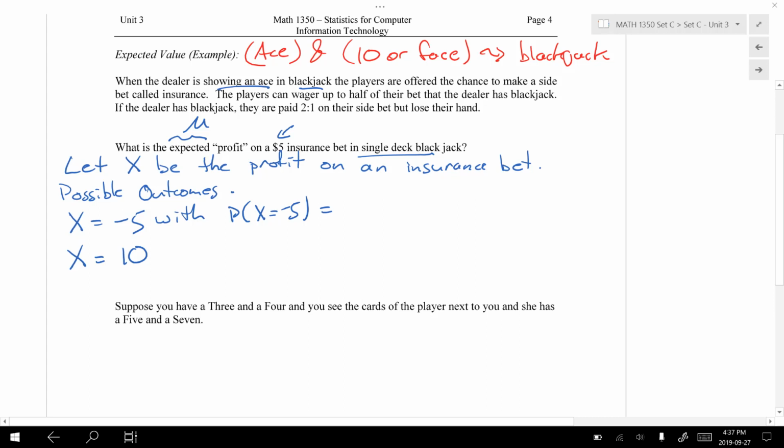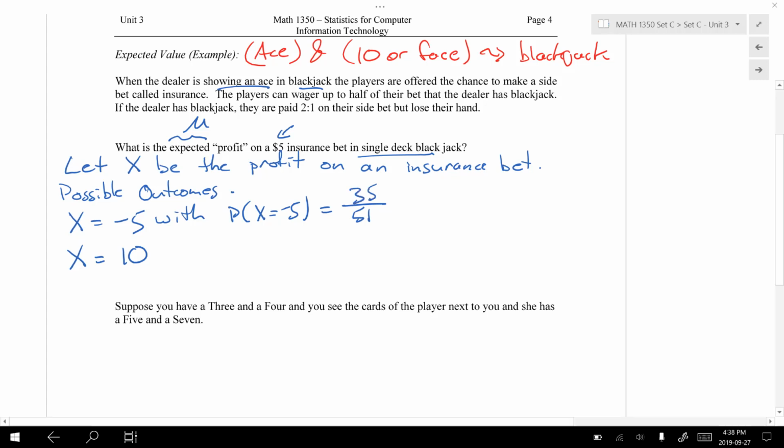we know already that one of the cards is out of the deck. It's an ace. So of the rest of the cards in the deck that are possible to form the face down card of the dealer, there's 51 choices left. All of the cards that would make us lose this bet if the dealer doesn't have blackjack would be everything except for the 10s and the face cards. So all 3 remaining aces, plus all 4 2s, all 4 3s, all 4 4s, and so on.